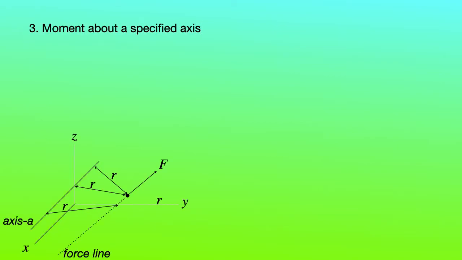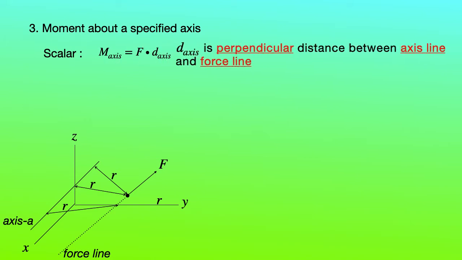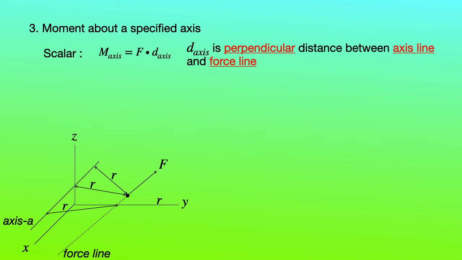Next is the moment about a specified axis. If you want to find the moment along an axis, we can define it by scalar, M equals F times d, where F is the force and d is the perpendicular distance between the axis line and the line of force. To simplify, the rotation axis, the direction of force or line of force, and the distance, these three must be perpendicular to each other.